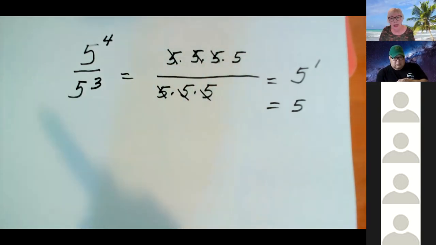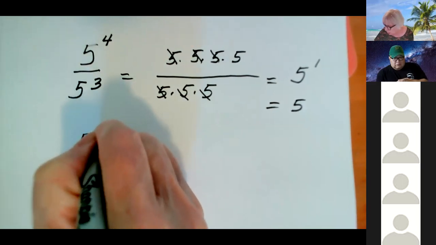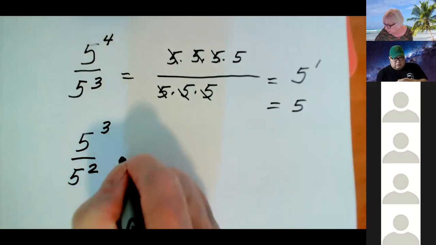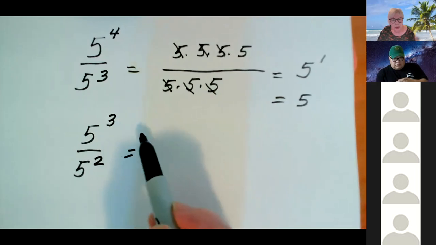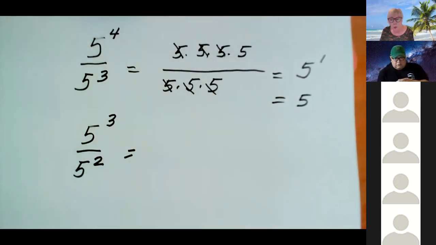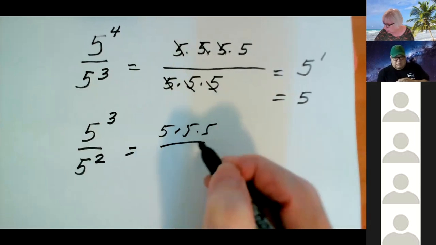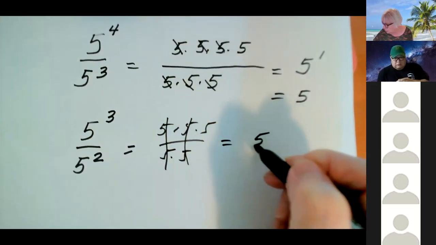Now, if I had 5 to the 3rd divided by 5 to the 2nd, what we'll eventually see is that if there were 3 5s here and 2 here, we'd be left with 1.